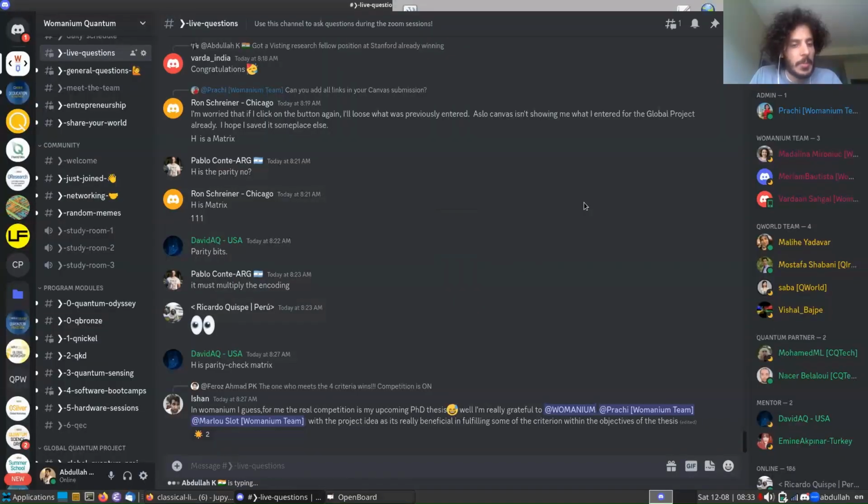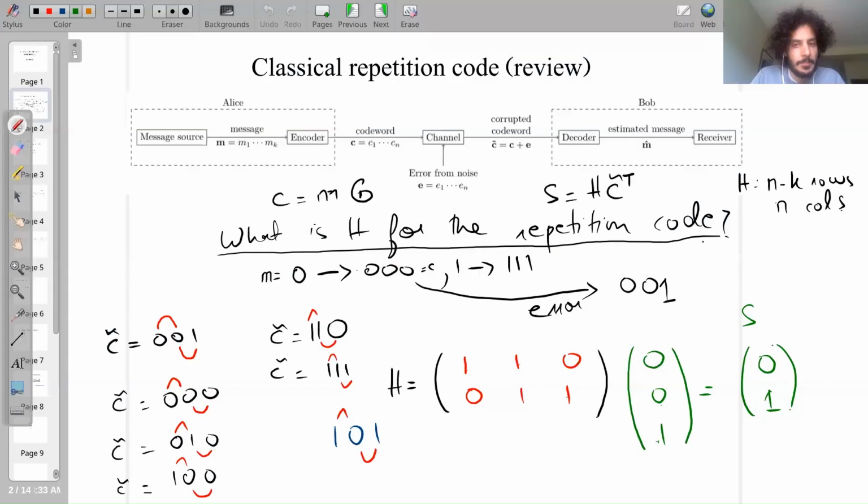So I see one person is typing, so I'll just wait for them. Really, you should be asking more questions. We are going to use this comparison technique again in the quantum repetition code, which is just coming up.